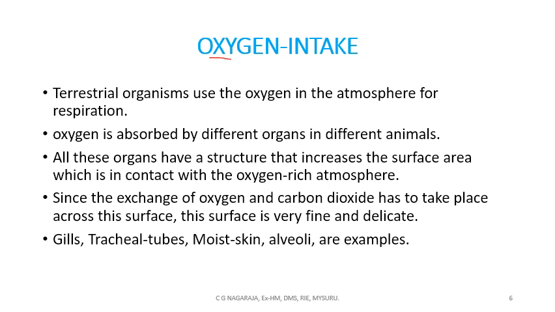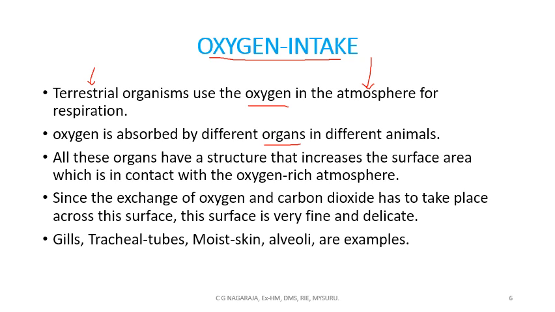Oxygen intake is discussed here. Terrestrial organisms, I told you already, the organisms that live on land, which are multicellular, use oxygen from the atmosphere. They take in oxygen with the help of their respiratory system. Then oxygen is absorbed by different organs.